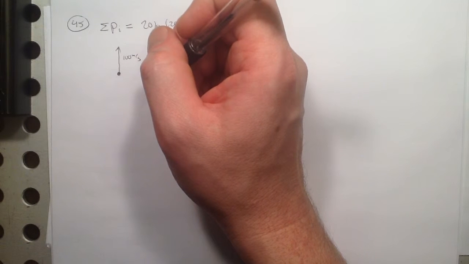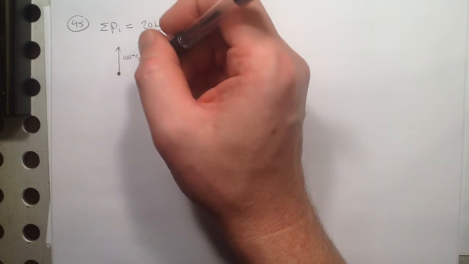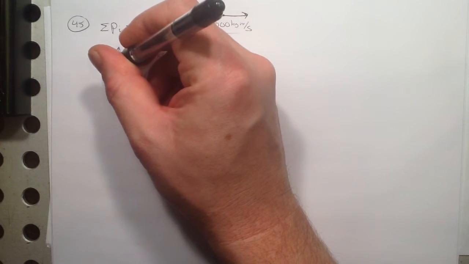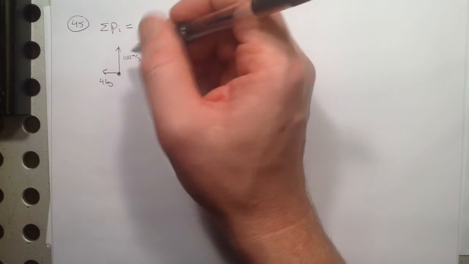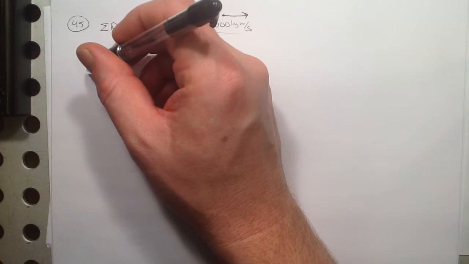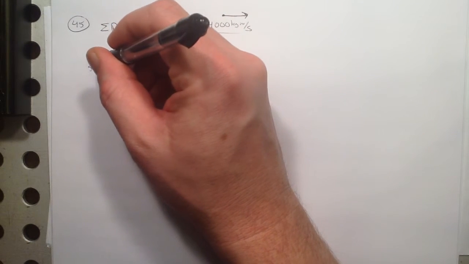And the second part, with a mass of 4 kilograms, moves in the negative x direction with a speed of 500 meters per second. Wow.